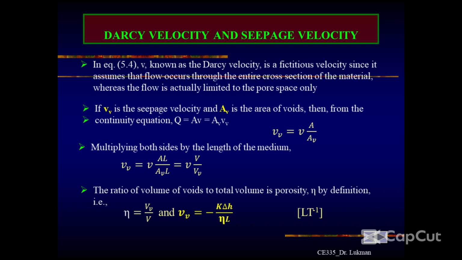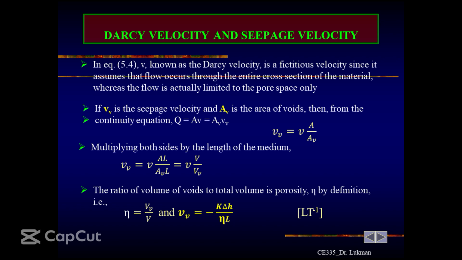All right. So porosity is the volume of voids over the total volume, right? What is volume? It's usually the cross-sectional area times length, isn't it? And for the same cross-sectional area, this is for voids and this is the total area, but the length is the same, right?